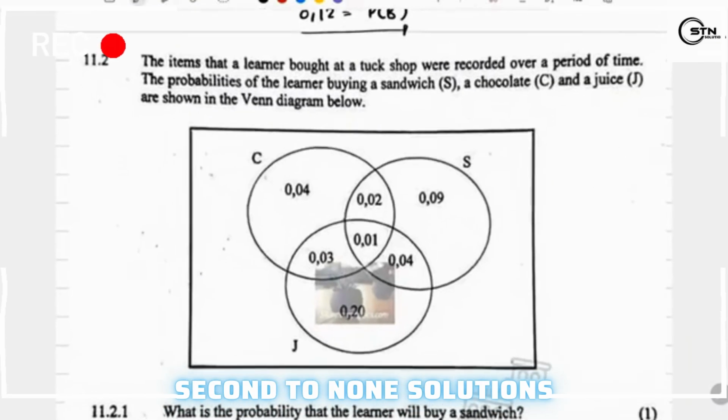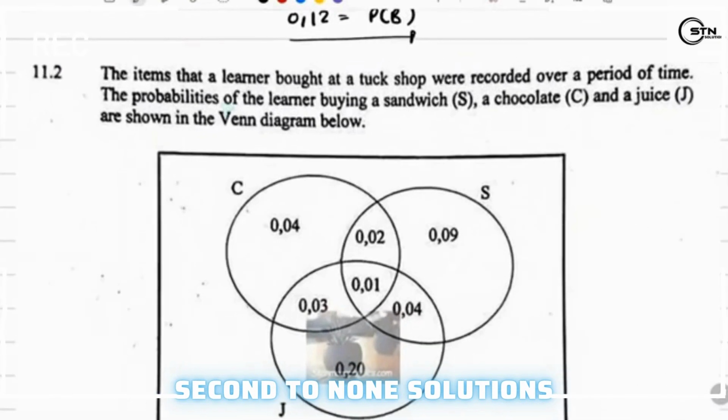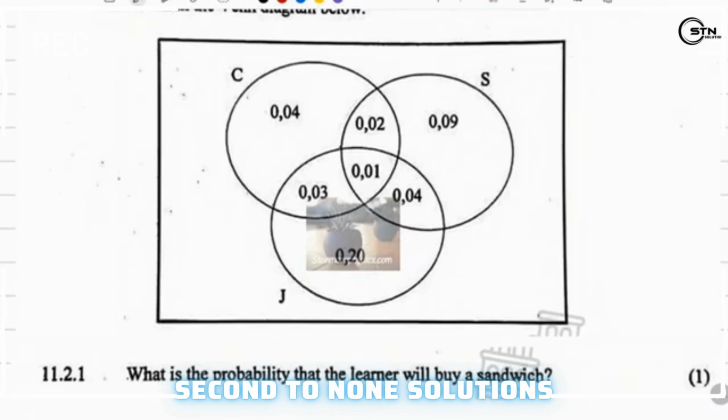The next question, 11.2, says the items that a learner bought at the tuck shop were recorded over a period of time. The probabilities of the learner buying a sandwich, a chocolate, and a juice, represented by those letters, are shown in the Venn diagram below. Everything is in decimals.